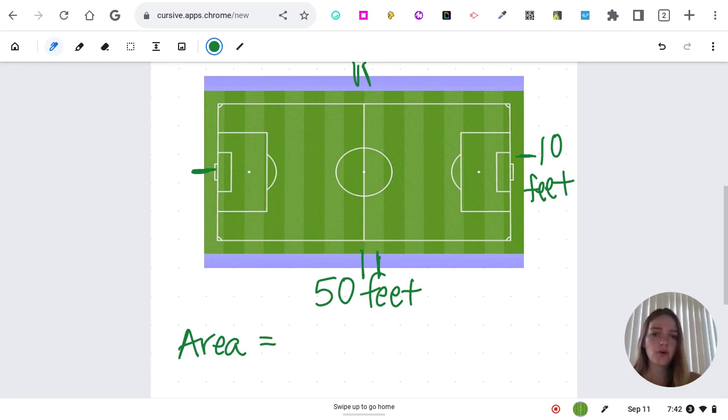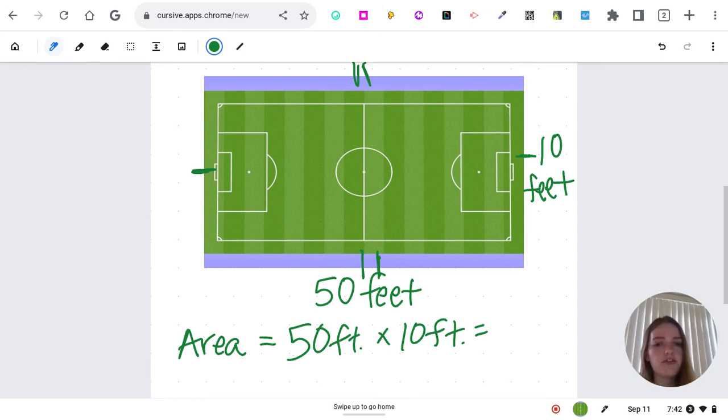So for my area, I'm going to say 50 feet times 10 feet. So 5 times 10 is 50, and then I'm going to add an extra 0 because it was 50. So 50 times 10 is 500.